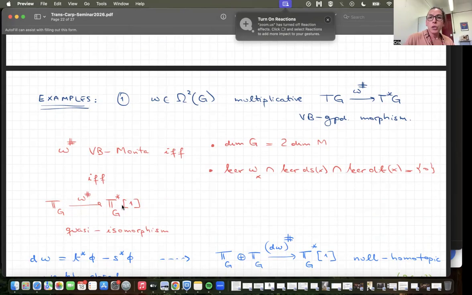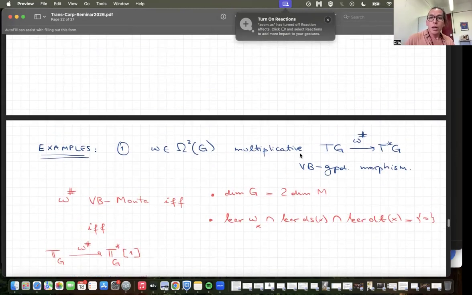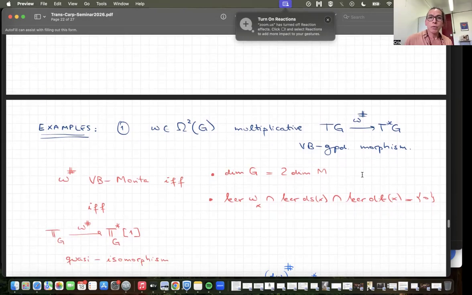But if you take the dual of the tangent complex, this is not the complex associated to the cotangent bundle, just because of a matter of degree conventions. So you have to shift it by one.